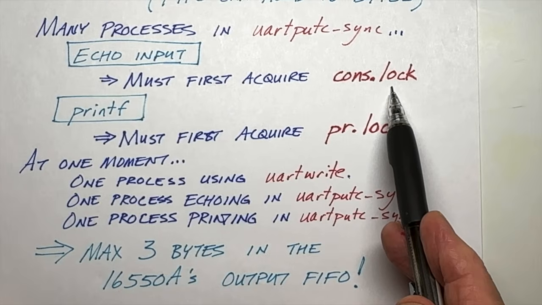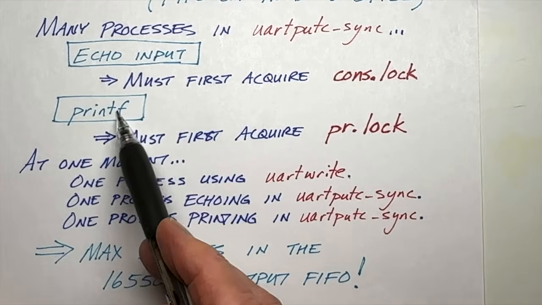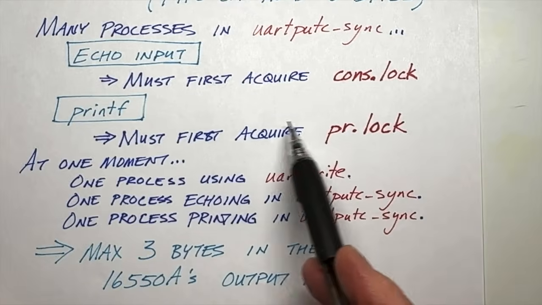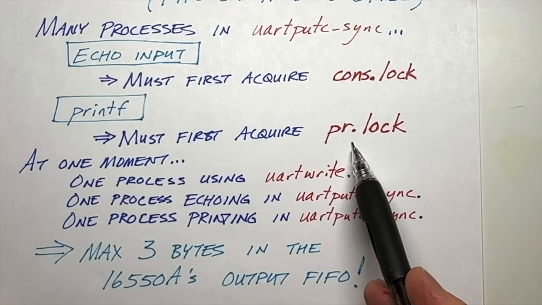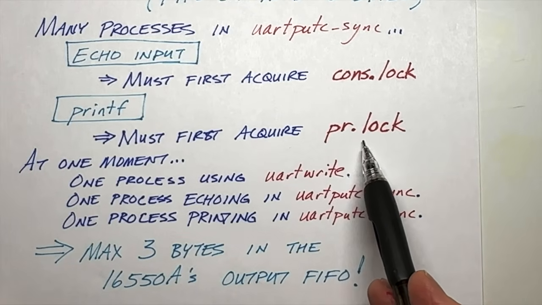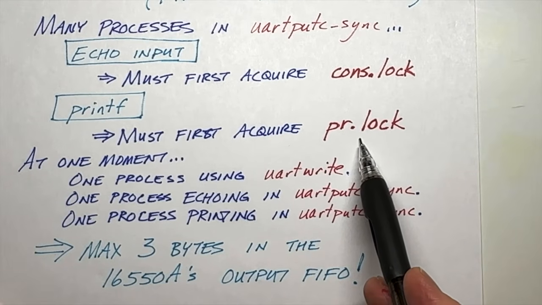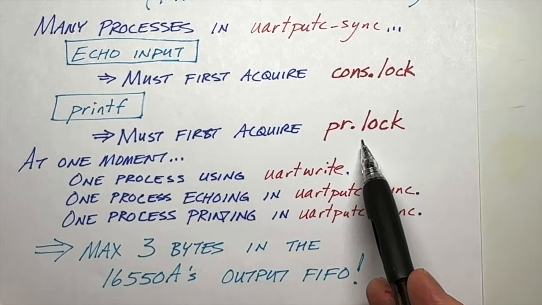So only one process at a time can be echoing. In the case of printf, that function begins by acquiring the print lock. So whenever it calls UART putC sync, the print lock will be held. So only one process at a time can be printing in printf.